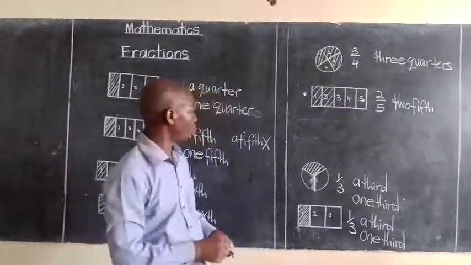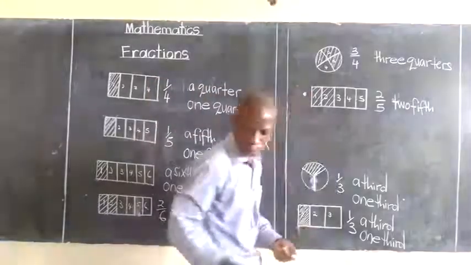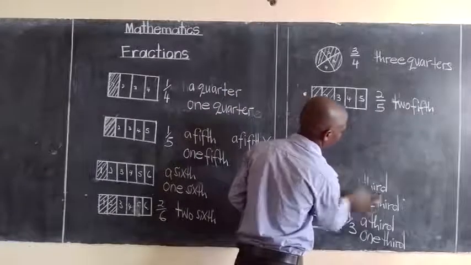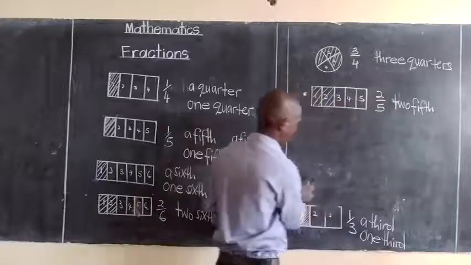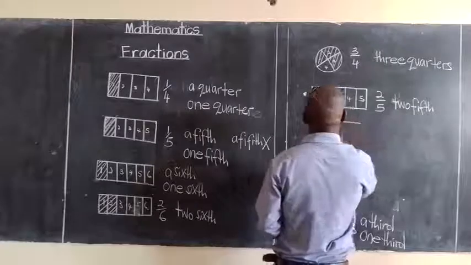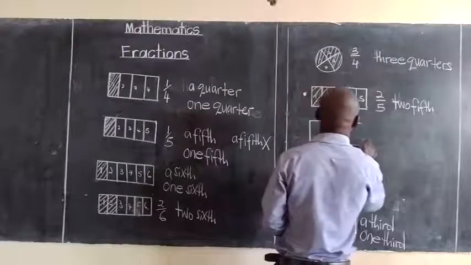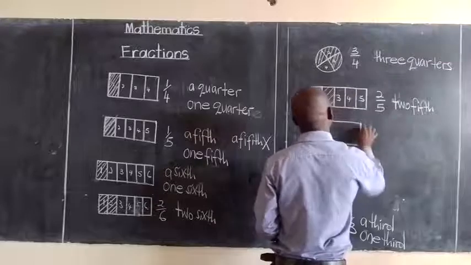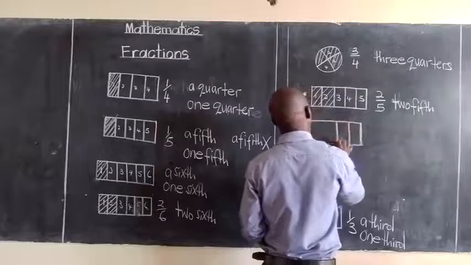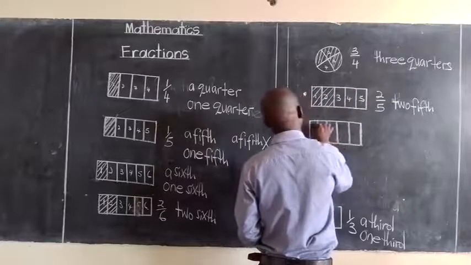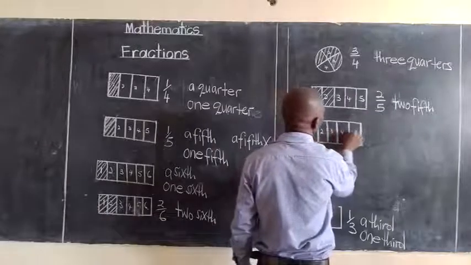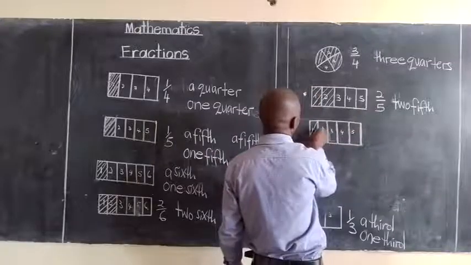What about this one? This one, we are about to wind up. So this is the 1, 2, 3, 4, 5.